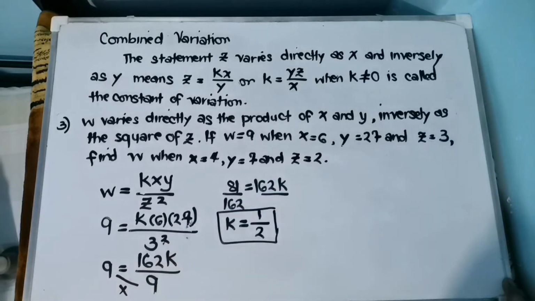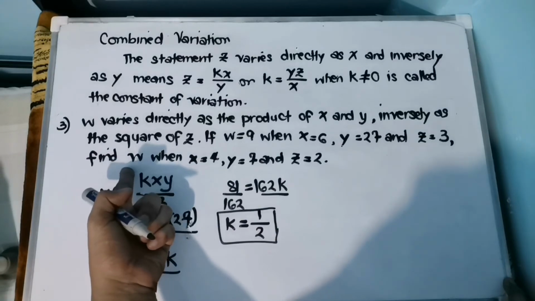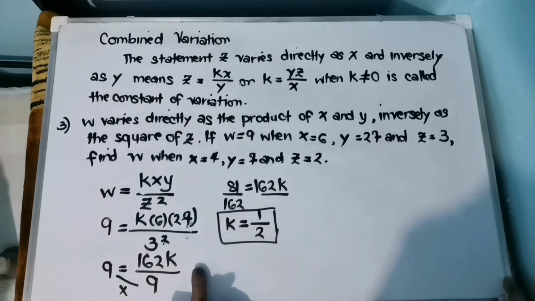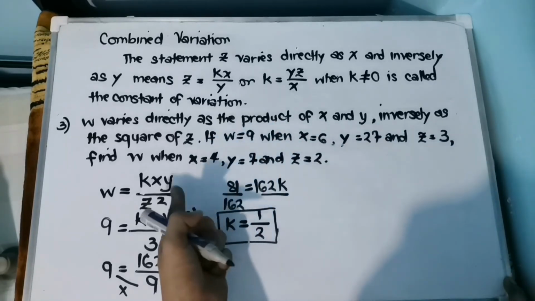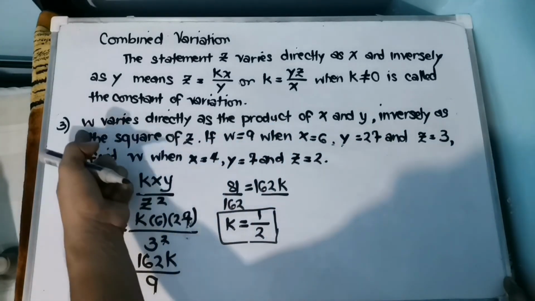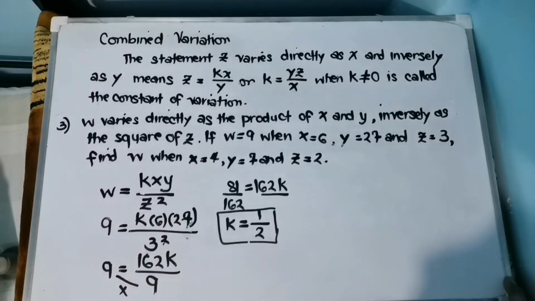So ngayon, meron na tayong value ng ating K. So we need to find the value of W when K is 1/2, and we are going to use the second set of values. So ito yung second set of values na gagamitin natin for us to be able to find W. Again, yung una natin ginawa, hinanap natin yung K, ginamit natin yung first set of given, and then itong formula na ginamit natin is based dito sa combined variation dito sa ating first statement.